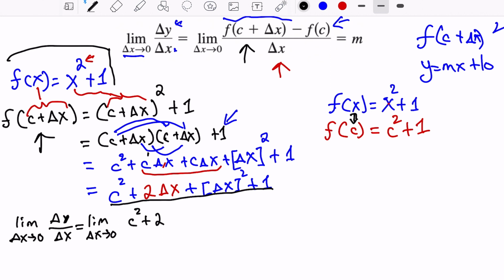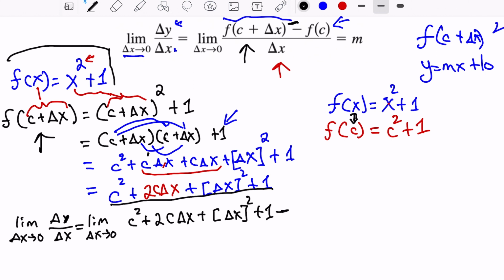Yeah, there's a letter c there. So 2, there should be a c there, so sorry about that. It should be a letter c there. Okay, so 2c delta x, and then plus the square, delta x squared, plus 1. So that is what I have for this piece right here.